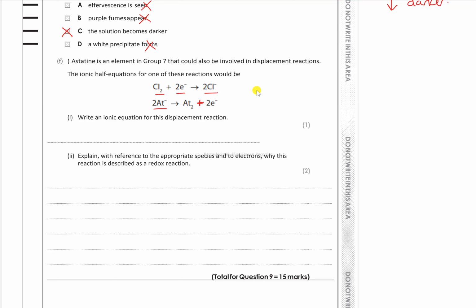It becomes an astatine molecule and releases 2 electrons. Write an ionic equation for this displacement reaction. Right, so we put it all together: Cl2 plus 2 astatide ions gives At2 plus 2 chloride ions.